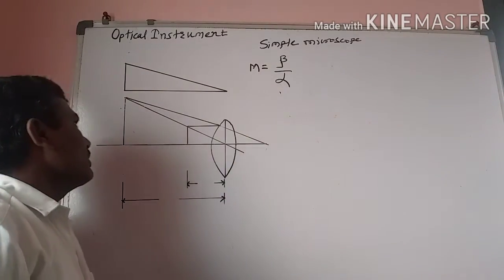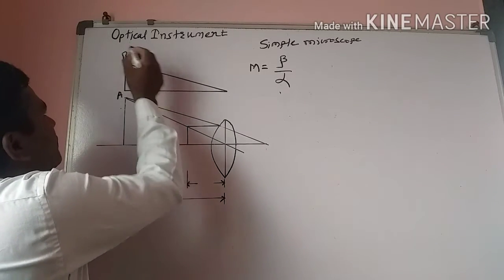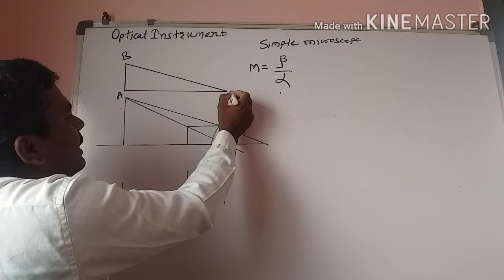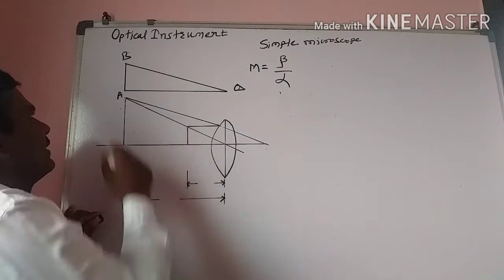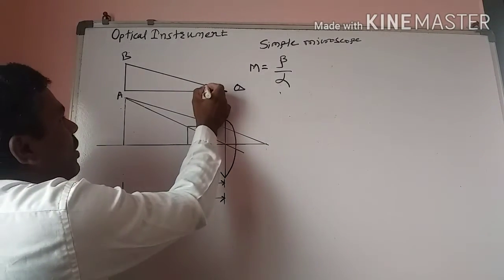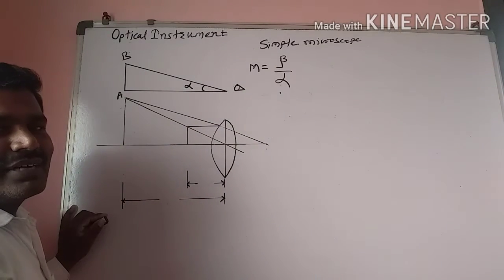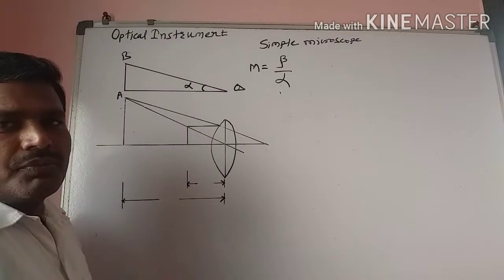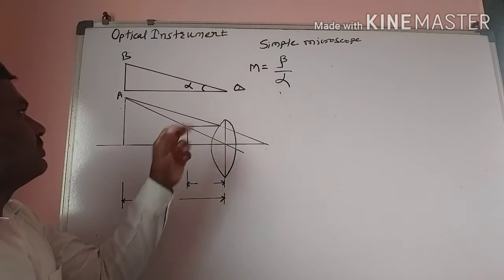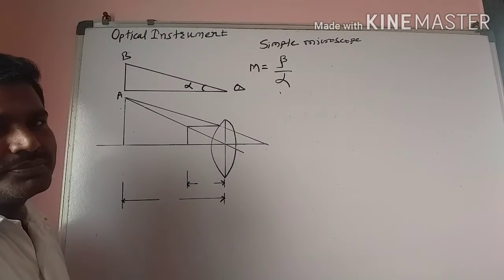Suppose AB is an object. When we see the object, it makes an angle, and that angle is called alpha. The visual angle made by the object is denoted by alpha.